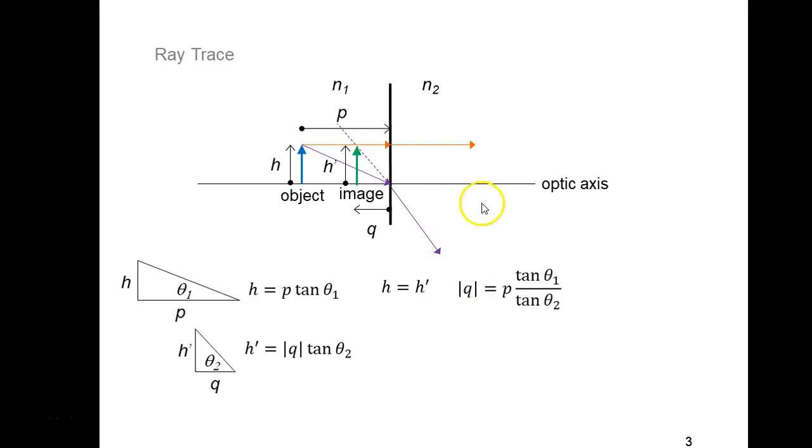All of them are diverging, and if you trace them all back, they're going to intersect somewhere, but they all don't intersect at the same point, it turns out. So if you're catching some rays that form some angle theta 2 with the optic axis, or near theta 2, that small group of rays where the theta 2 is close to the same, they'll intersect when you trace them back.